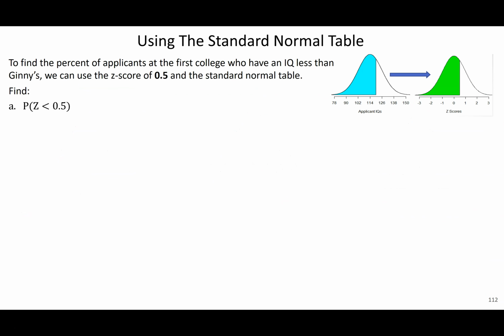So still looking at Ginny and their IQ, we want to find the percent of applicants who have IQs less than them. So we are hinting at the idea of percentiles. What we want to know is this blue area. This is college 1. We standardized and found that they had a z-score of positive 0.5.